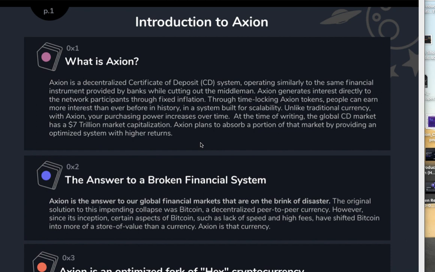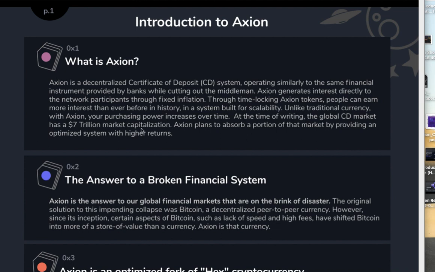Through time locking Axion tokens, people can earn more interest than ever before in history in a system built for scalability. So basically, time locking means that you're going to stake your tokens, that is, lock them away, and in return you're going to get some interest for that. And the system is designed for scalability, so more people can come onto it, so it can handle large volumes and new forms of income as well.